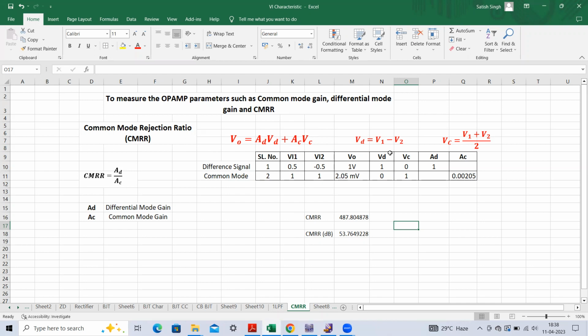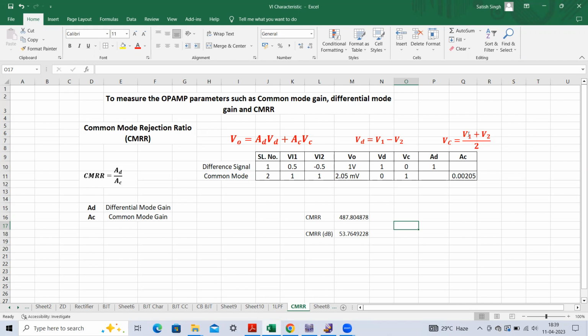So here you can see that when V1 minus V2 equals 1 volt difference signal, at the same time, what happens to the common mode signal? The common mode signal is given by the formula V1 plus V2 divided by 2. If you calculate this average of 0.5 and minus 0.5, it comes out as 0.